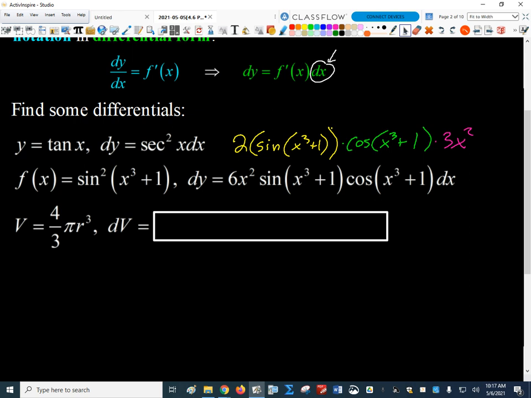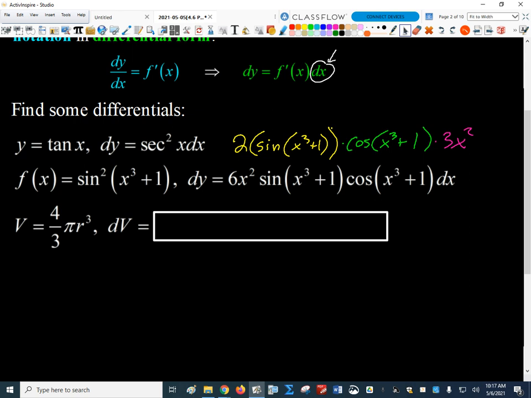How about the bottom one? So now, finally, we're looking at maybe a different kind of function. Previously, our input was always x, and our output was whatever the function was, y in this case, f of x. What about that bottom one? What's my input? r. Output? Volume. Okay.